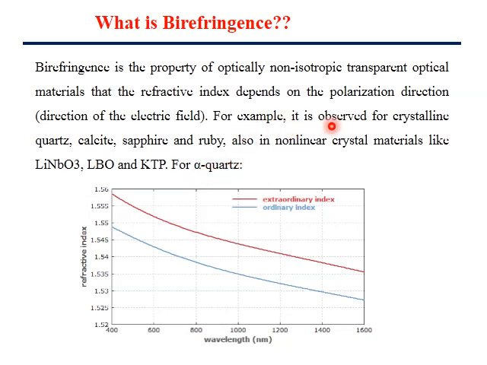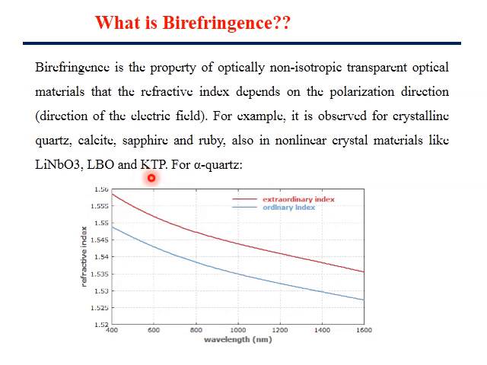Birefringence is observed for crystalline quartz, calcite, sapphire and ruby, and also in nonlinear crystal materials like lithium niobate, LiNbO3, LBO and KTP. This KTP is a very important nonlinear optical material.